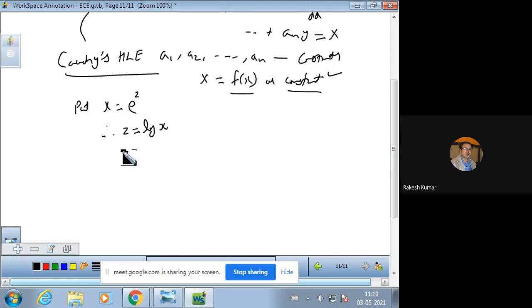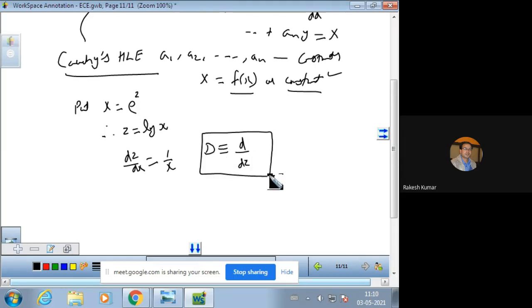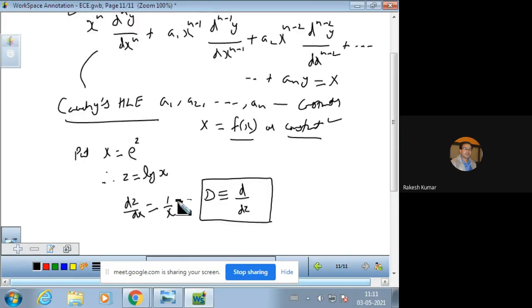Now you can find the derivative of z. dz by dx will be equal to 1 by x, and capital D is the differential operator in this case, taken as d by dz.